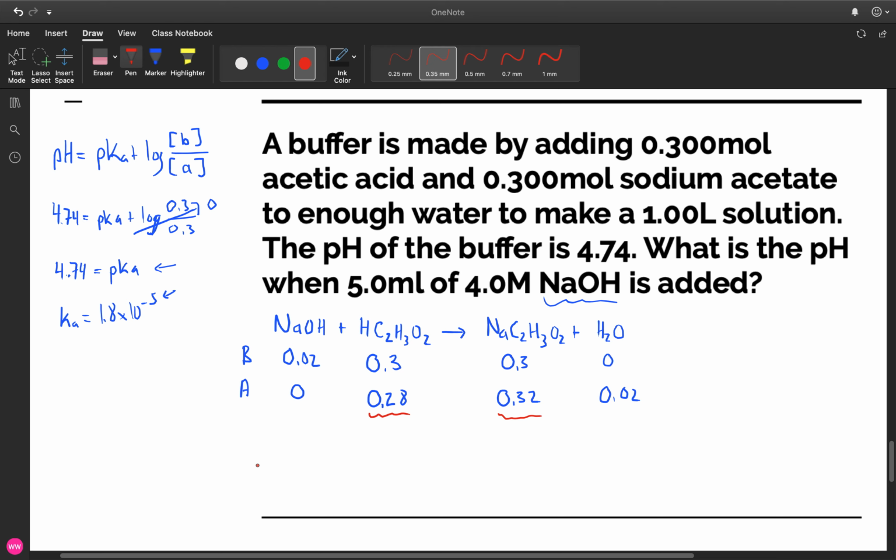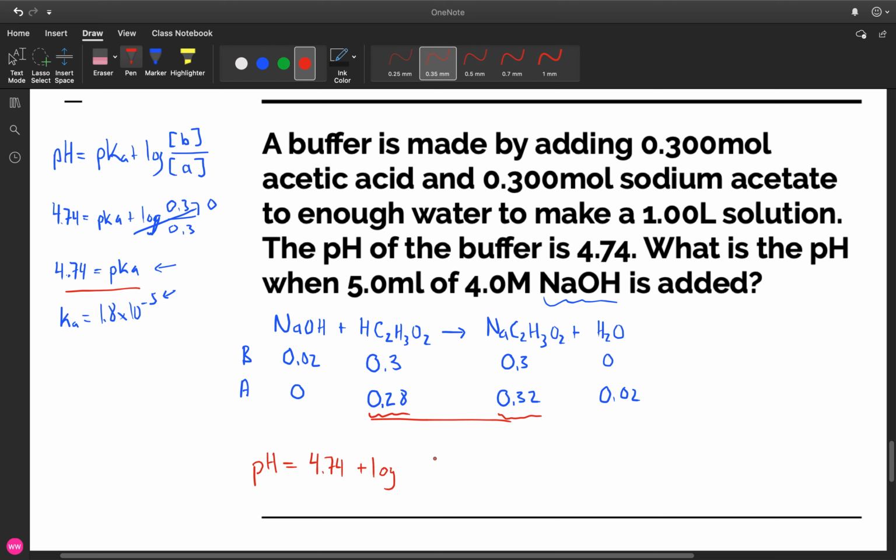So what I can go ahead and do is actually use the Henderson-Hasselbalch one more time. By taking everything that I found from either the beginning or the end, I can find the pH of the resulting solution. So pH is going to equal 4.74 plus the log of the concentration of the base over the acid.